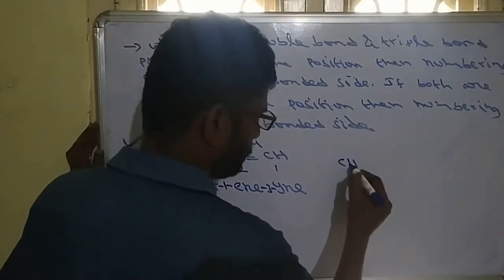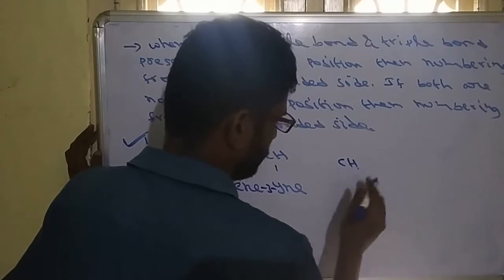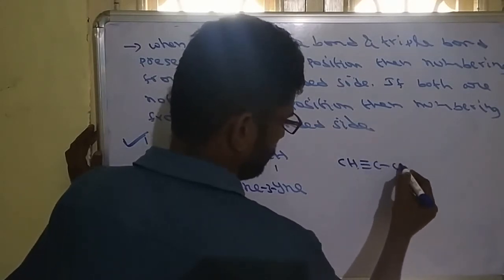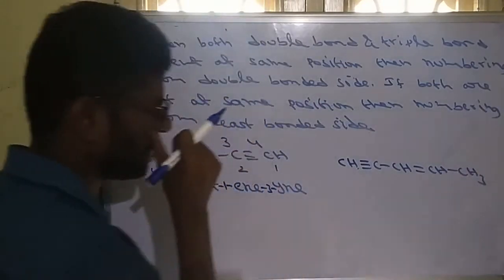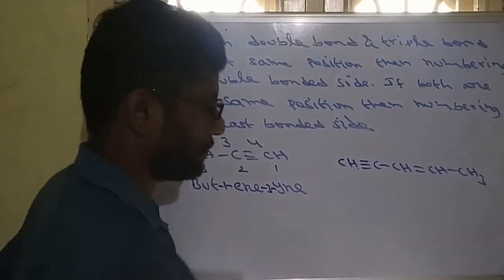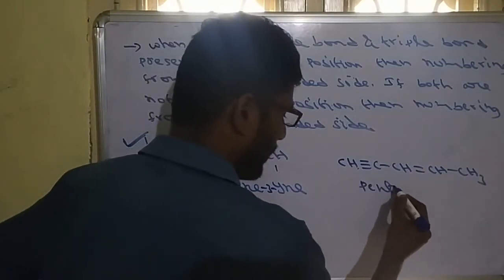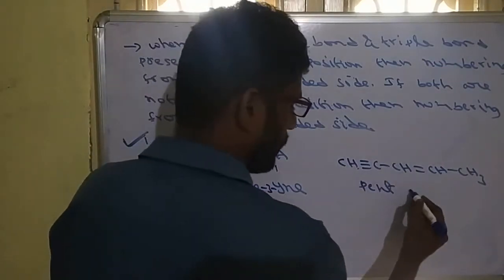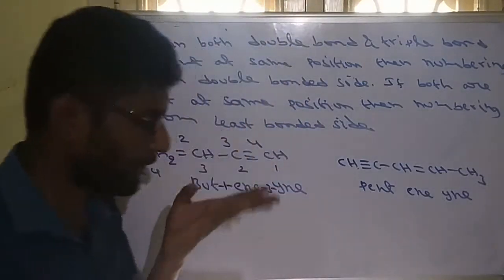Similarly, see this molecule. So write the root word 1, 2, 3, 4, 5 carbon. 5 is pent. Double bond, triple bond. Both are there. First we write double bond. After that we write triple bond. So finally numbering.